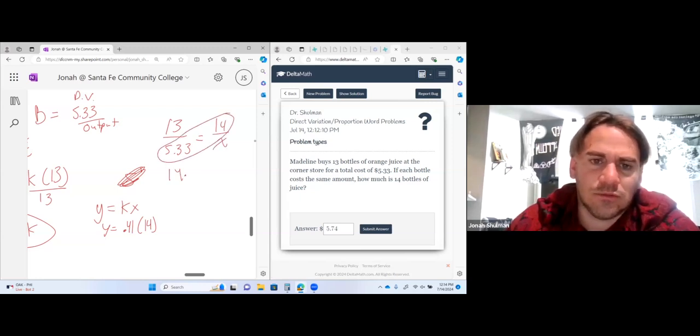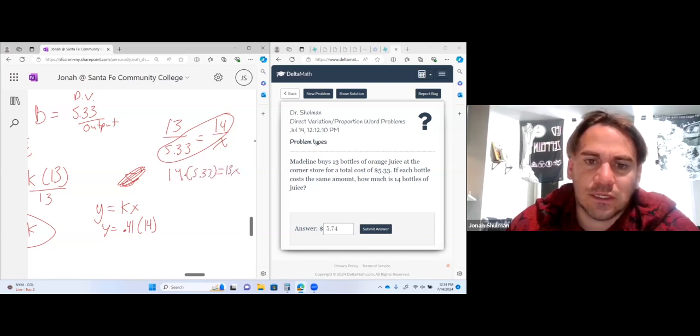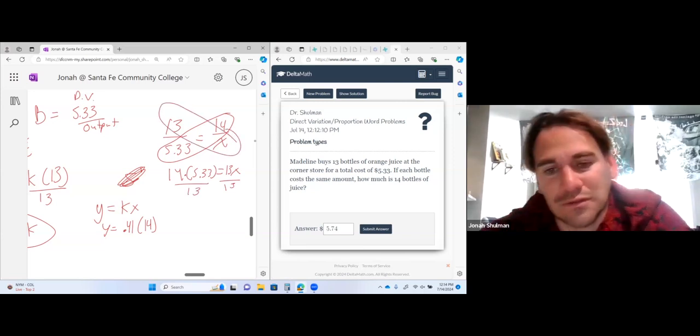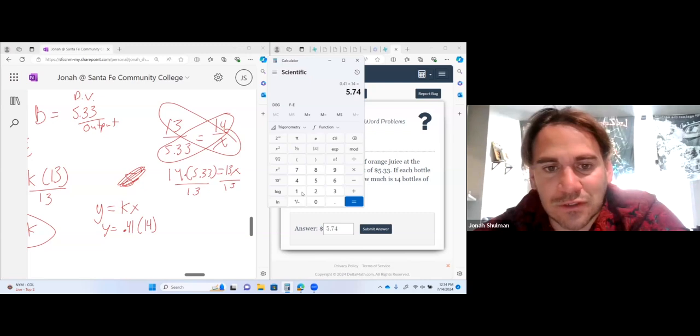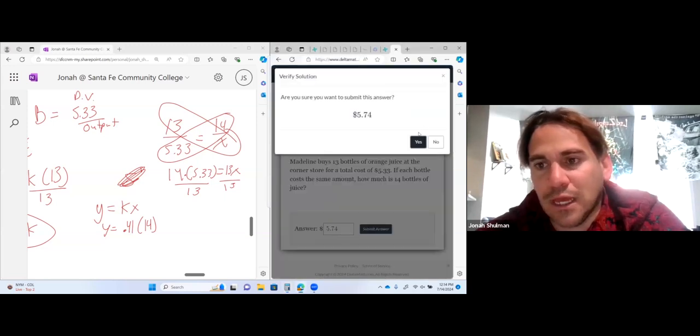So 14 times 533 equals 13 times X, divided by 13, divided by 13. You can do this every time, but sometimes they ask you for the formula, and that's where stuff gets tricky. So it's 14 times 533 divided by 13. We should get the same number. We should still get 574. We do. Magic.